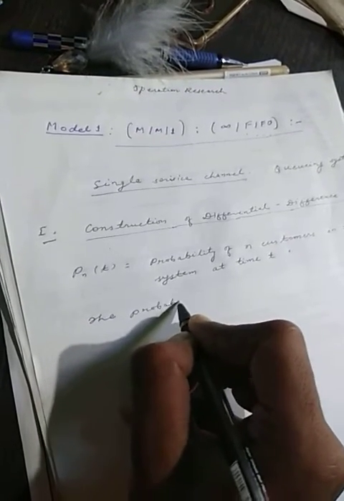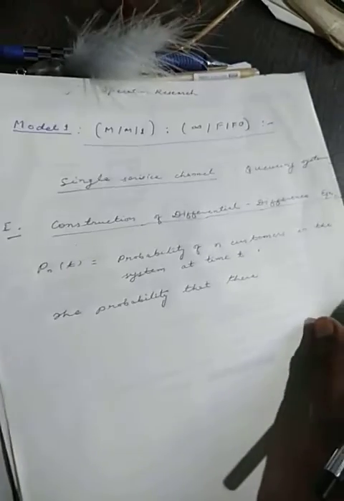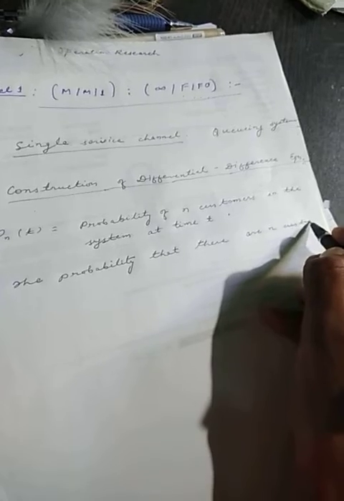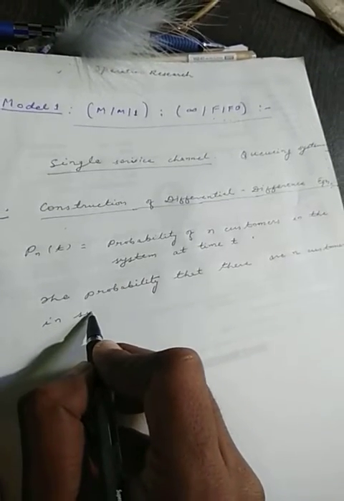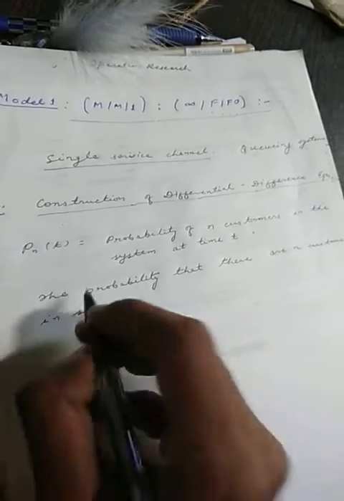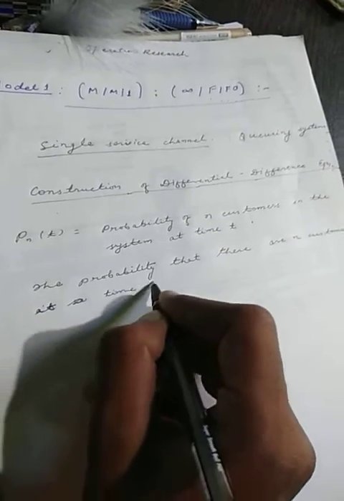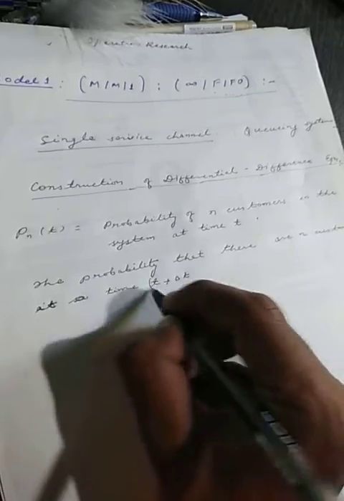And the probability that there are n customers at time t plus delta t. This is an increment in the time interval.